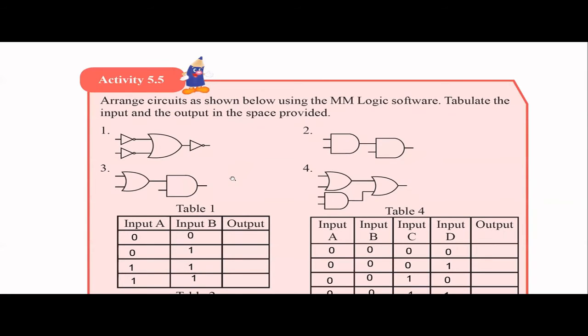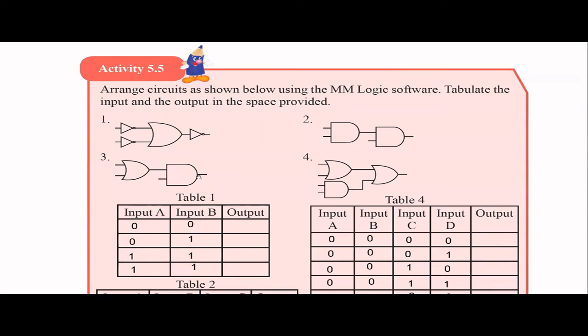Okay. Then they have given you some circuits and is asking, okay, please do this in the logic software and try to fill this up, right? So let me quickly have this particular thing done in the logic.